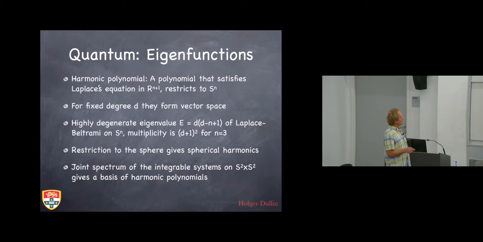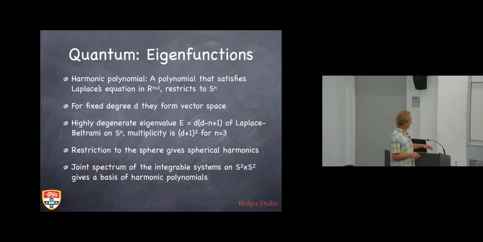So since the round sphere has so many symmetries, these eigenvalues are highly degenerate. So an energy eigenvalue for the upstairs system has this degeneracy. Sorry, these are the eigenvalues, and this is the multiplicity of the eigenvalue for n equals 3.